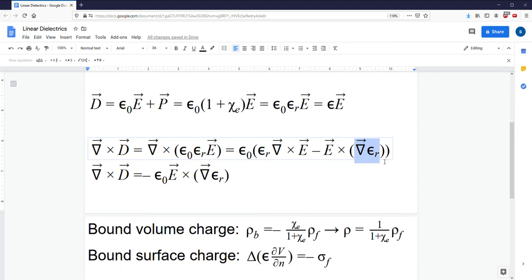Now, if there is a charge, and I would like you to look at figure 4.22 on page 189.